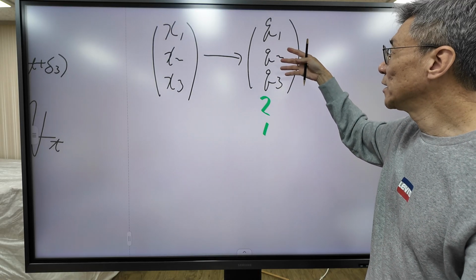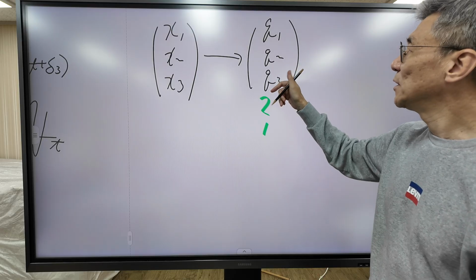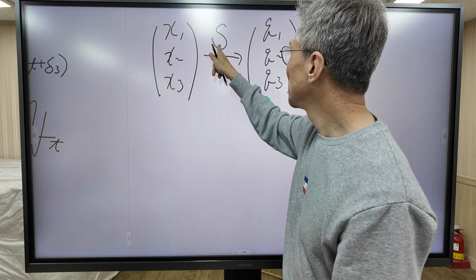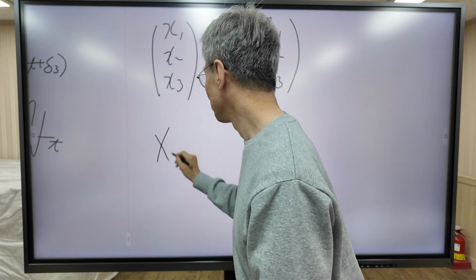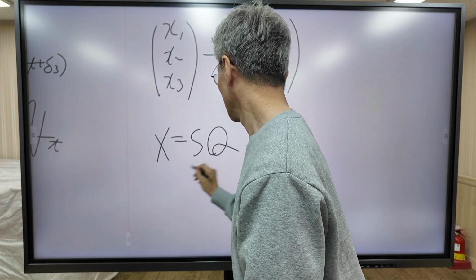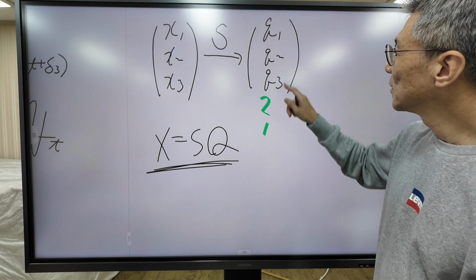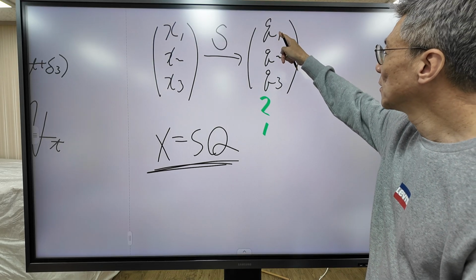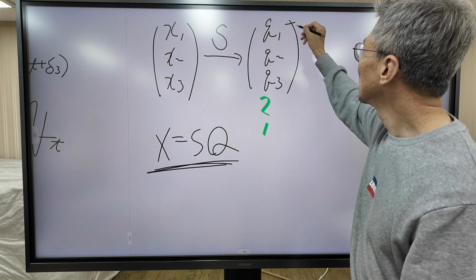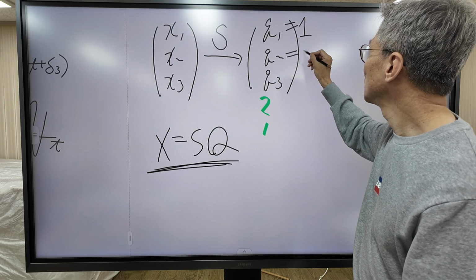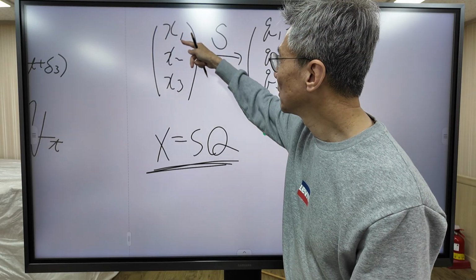What is the physical meaning of these coordinates? To introduce new coordinates, we introduced a special matrix S. So the equation looks like this. To understand the physical meaning of Q1, Q2, and Q3, I will set Q1 equals 0, Q2 equals 0, and Q3 equals 0.